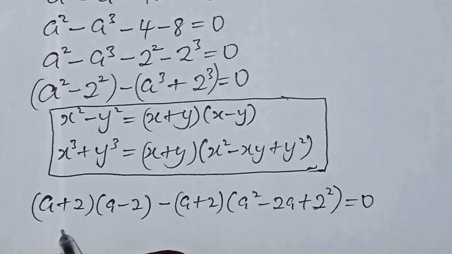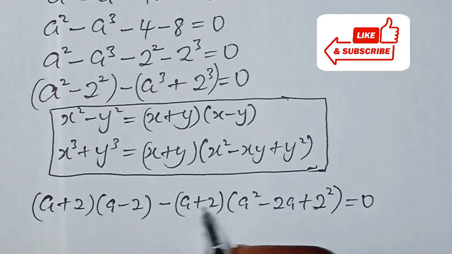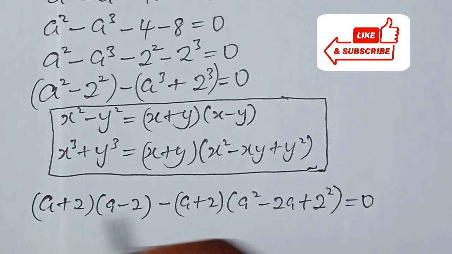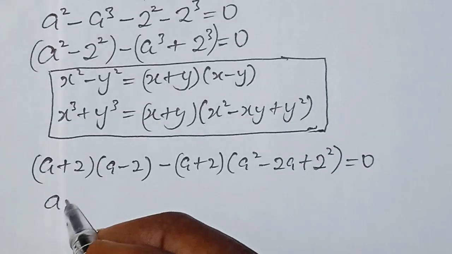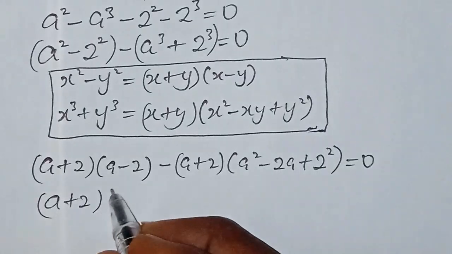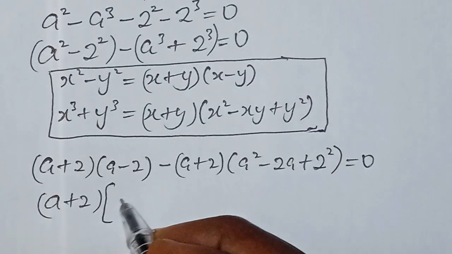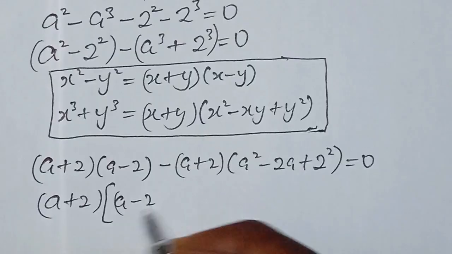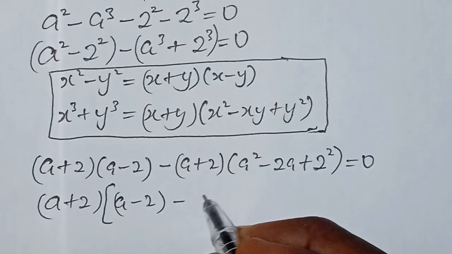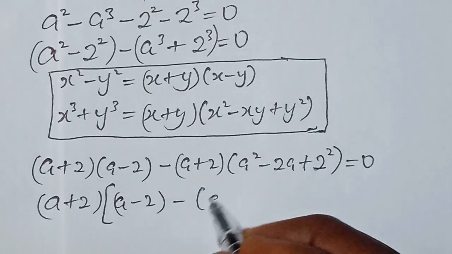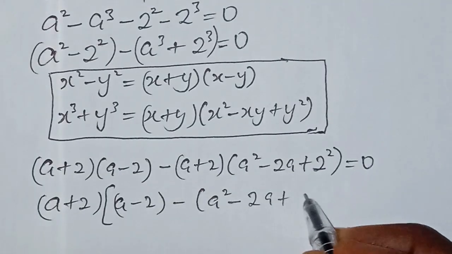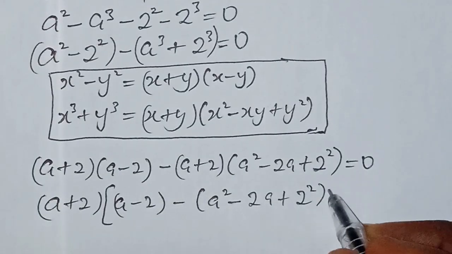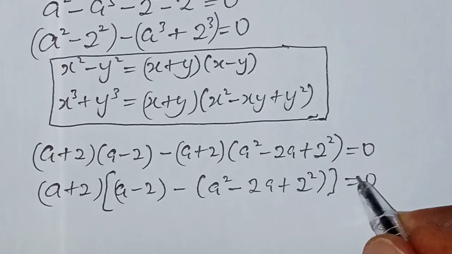Now here we factorize from this part and this part. We have a plus 2 as common, so we factor that out. We have a plus 2 into bracket, open another bracket, a minus 2 minus, open the bracket, a raised to the power 2 minus 2a plus 2 squared, equal to 0.